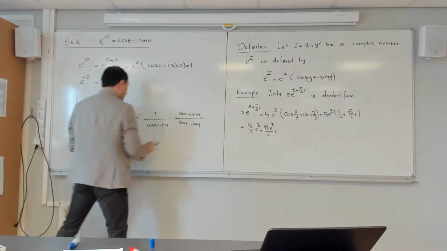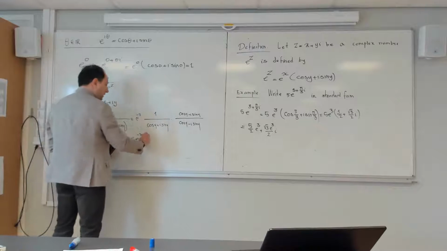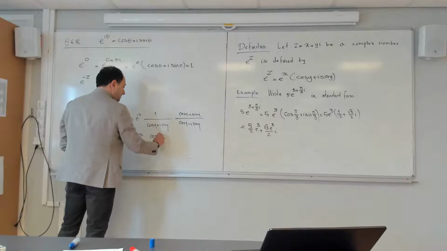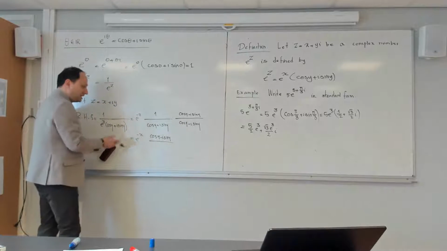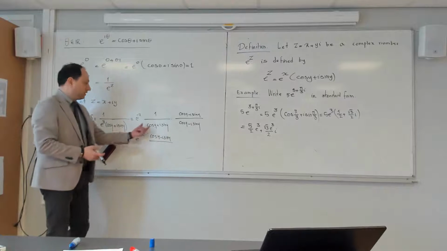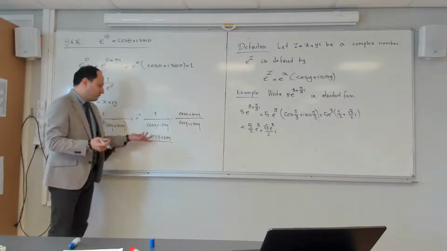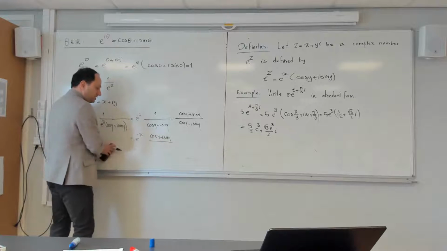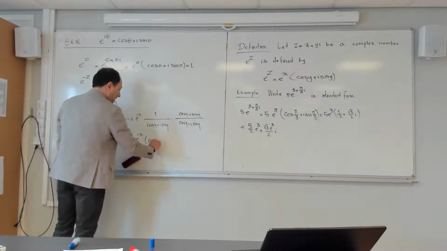And then what happens? So here I will get e to the power of minus x, and then I have cosine y minus i sine y. And then the denominator, what is the answer? It's 1. Do you agree? Because this becomes the first one to power 2 minus the second one to power 2, but that becomes 1. Yes, hopefully you understand that immediately. So just let me write it here. Cosine y minus i sine y.